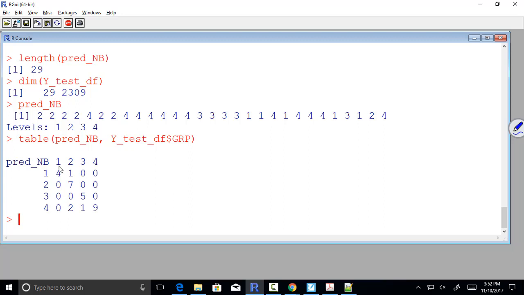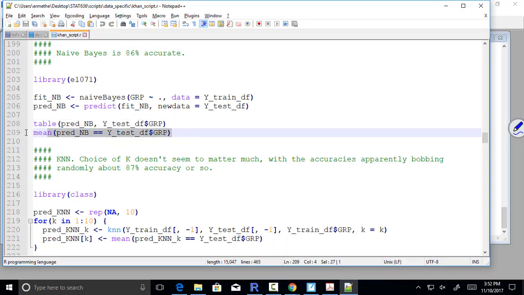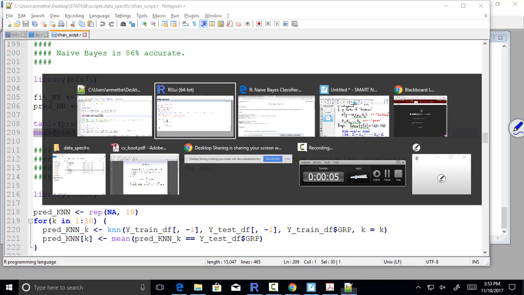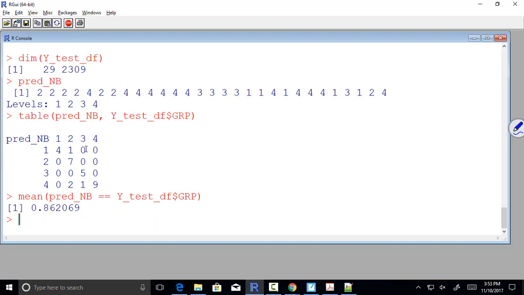There was 1 case where the truth was class 2 and we incorrectly predicted class 1, and so on. Here is the overall accuracy. If you tallied up the diagonal entries and divided by the total number of predictions, that would tell you overall the proportion of correct predictions. So 86% of our predictions were correct.